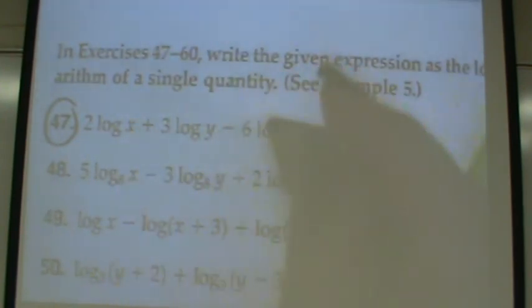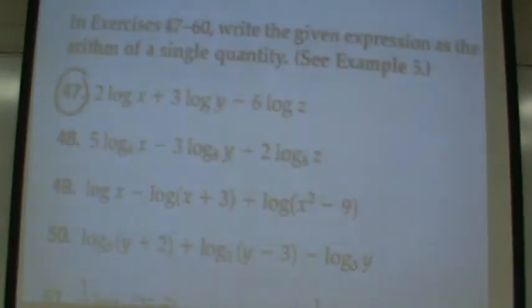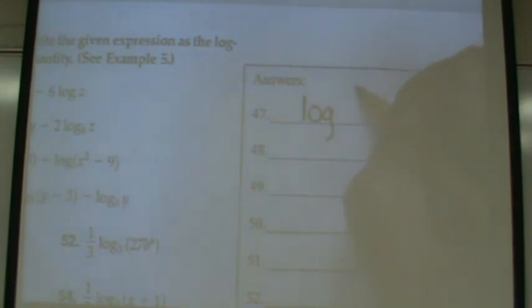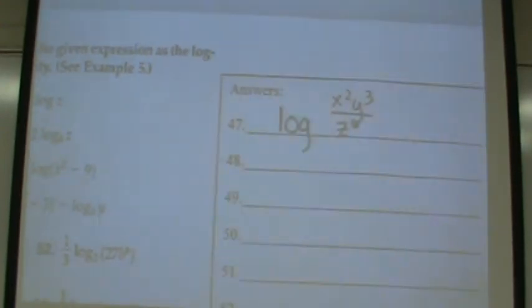So how would you condense this whole thing? It'd be the log, and they're all base 10, so you don't need that 10. On the top, it's going to be x squared y cubed, and on the bottom, it's going to be z to the 6th power. Just like that.